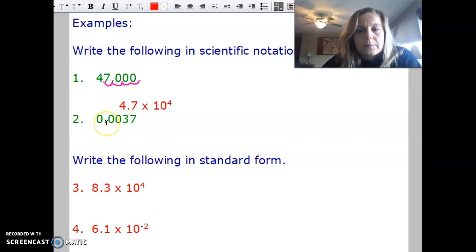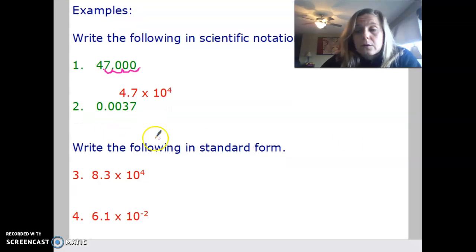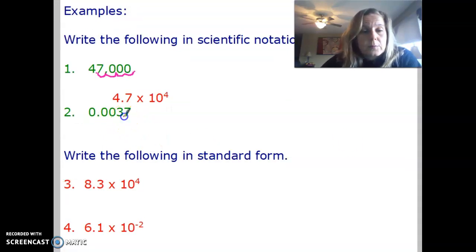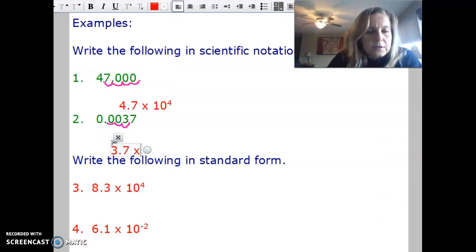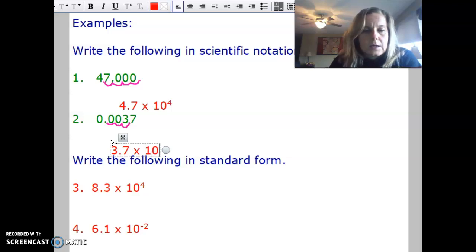We know this number is smaller than 1, so this exponent would be negative. We want to get the decimal between the 3 and the 7. 1, 2, 3. So then we get 3.7 times 10 to the negative third.